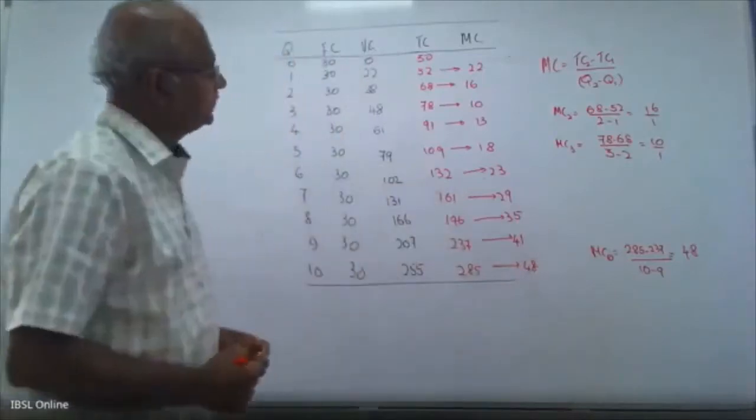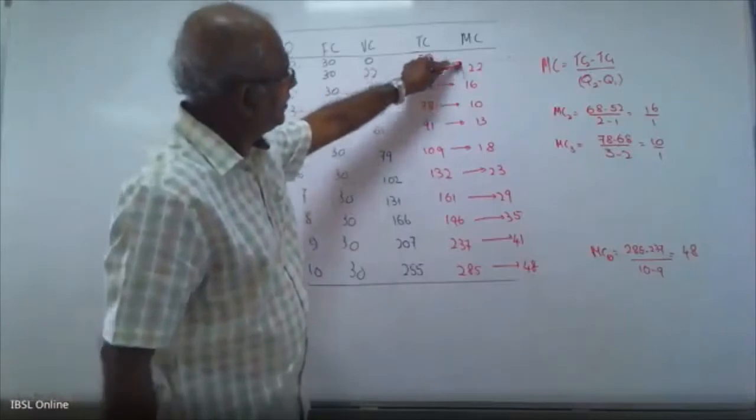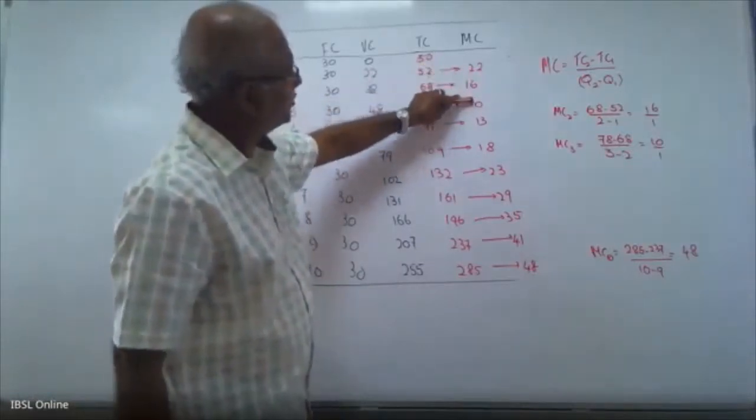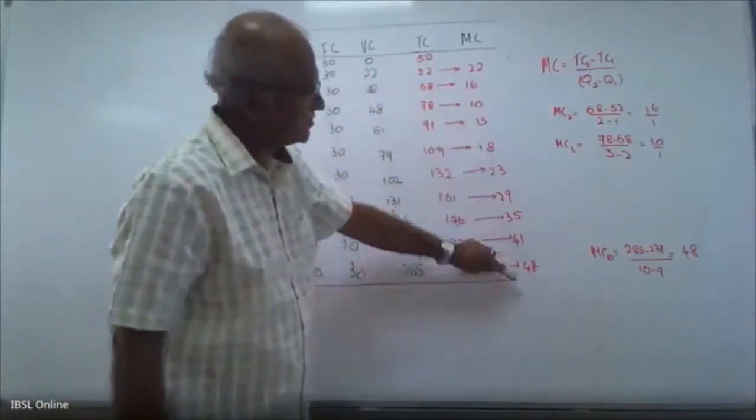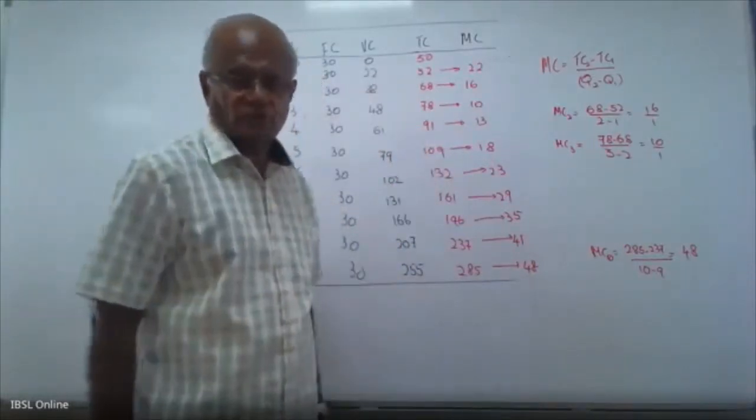You can see that is the MC. MC decreases up to 30, after that increases. U shape. Draw the MC curve.